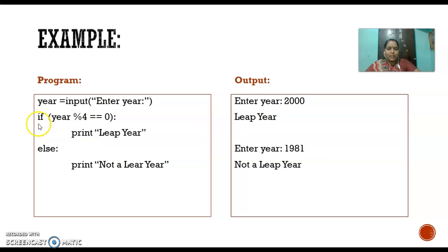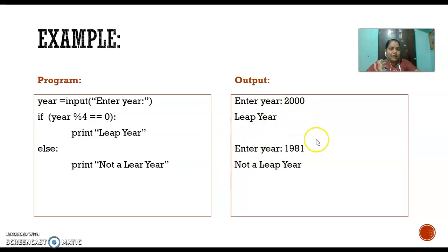Next, if year mod 4 equal to 0. For example, in the first execution, I am entering year equal to 2000. Then year takes the value 2000. If 2000 mod 4 is equal to 0, this will return the value true. Hence, this true block is executed. Print leap year. Hence, leap year is printed.